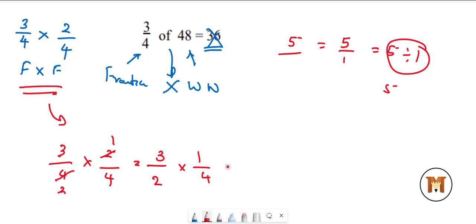What you can do is multiply these two together and these two together, the same as when you multiplied the fraction and the whole number. 3 times 1 is 3 and 2 times 4 is 8. Then check whether you can simplify. If it cannot be simplified further, you can give it as the answer. This is how you multiply fraction and fraction, and this is how to multiply fraction and whole number. I hope this is clear to you.